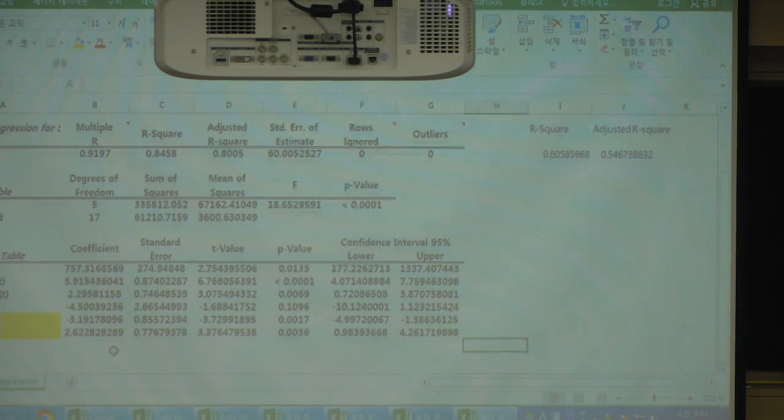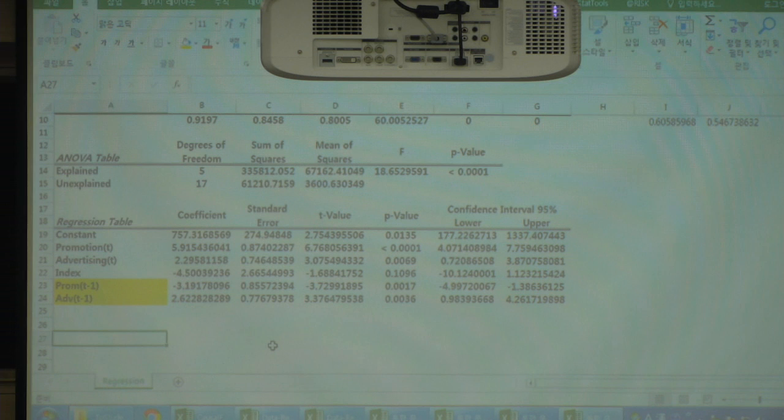And the first thing we have to do is we need to write the regression line.